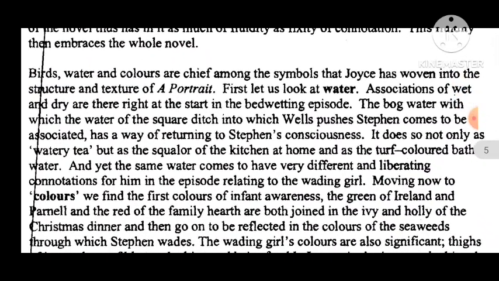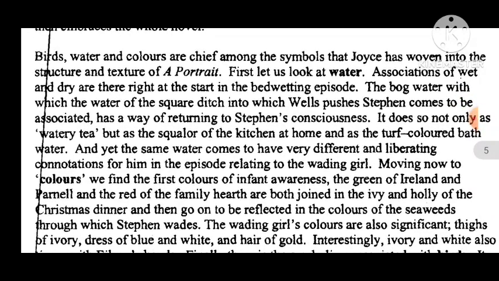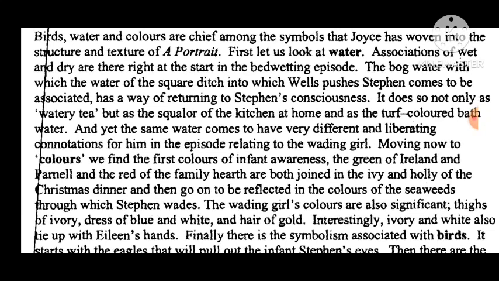First, let us look at water. Associations of wet and dry are there right at the start in the bedwetting episode. The bog water, with which the water of the square ditch into which Wells pushes Stephen comes to be associated, is a way of returning to Stephen's consciousness.